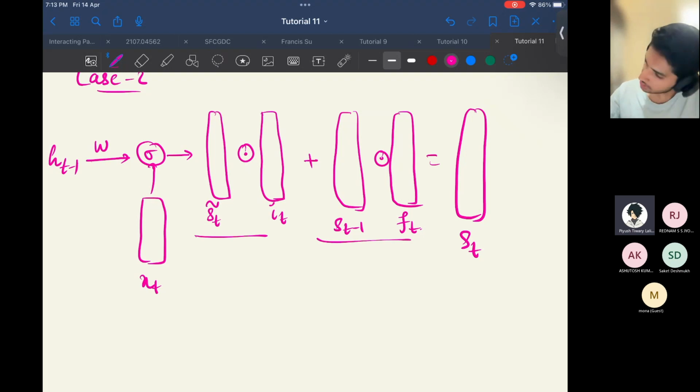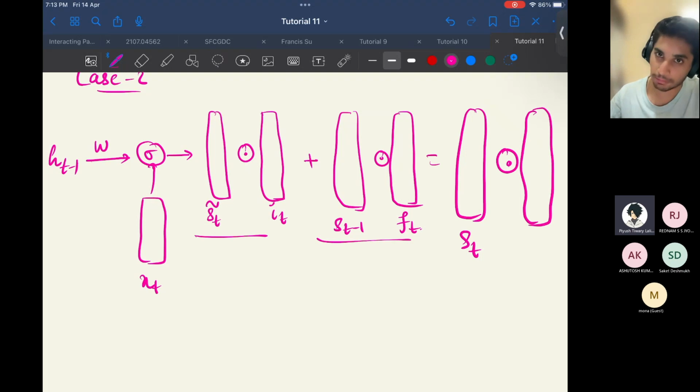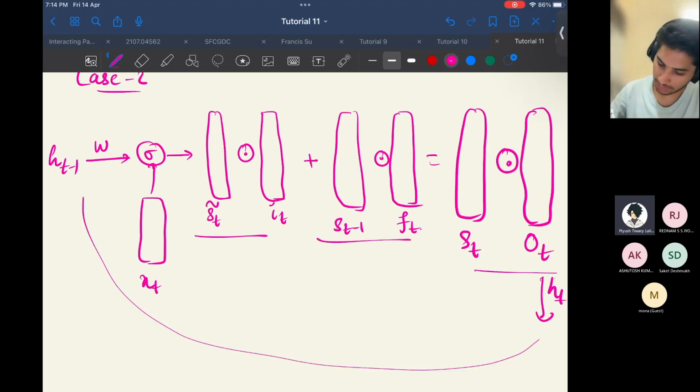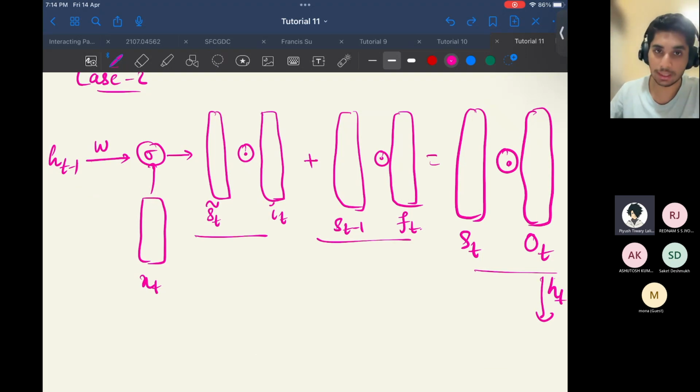Now I take the dot product of st with another gate, ot, and whatever this operation gives, I will forward to the next model at the next time step. This is your ht. So ht will go on for the next step.